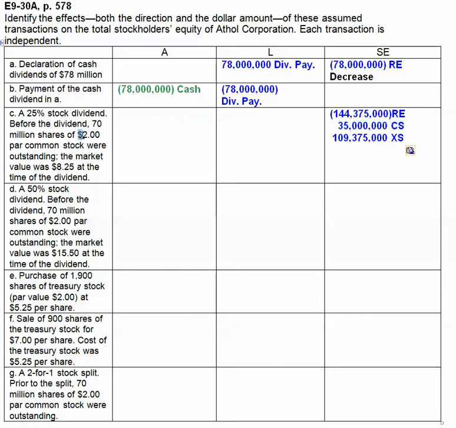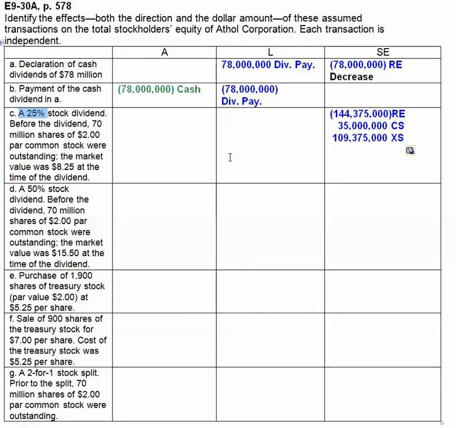Well, the par is $2 per share times 70 million times 25%, and that's how you get $35 million. Again, you take the $2 par times the number of shares issued, 70 million times 25%. Okay, so a quarter of the 70 million shares were issued.